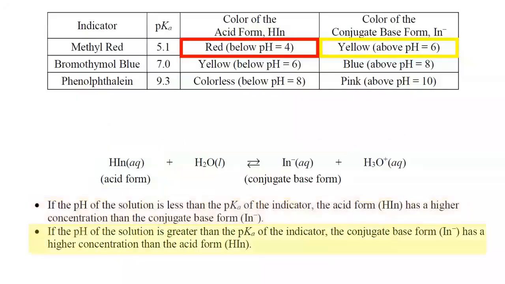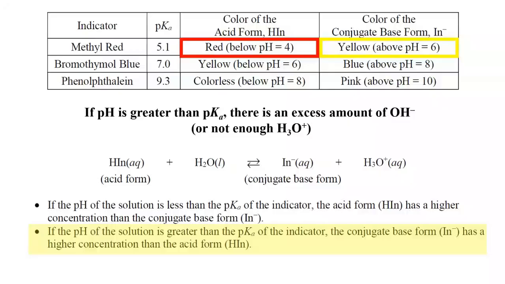Now, on the other hand, if the pH of the solution is greater than the pKa of the indicator, now the conjugate base form, or IN-, would have a higher concentration than the acid form, HIN. Again, I'll try to use a Le Chatelier's principle argument. If the pH is greater than the pKa, now we have an excess amount of the hydroxide ion, and that is going to drive the equilibrium from left to right.